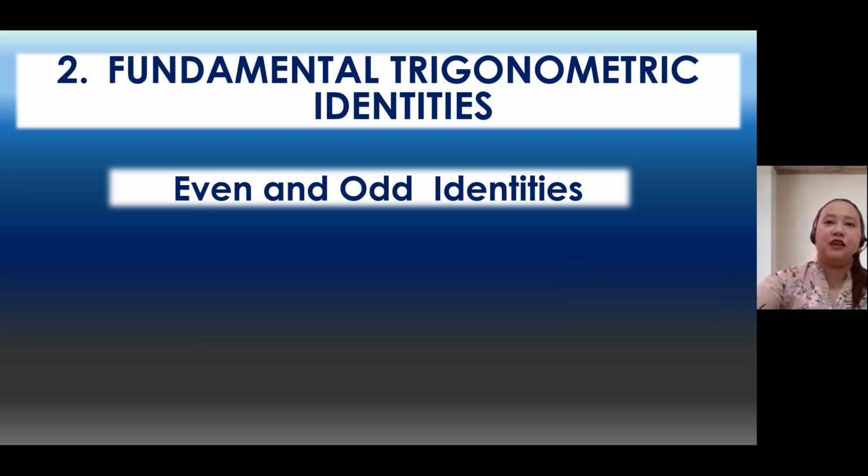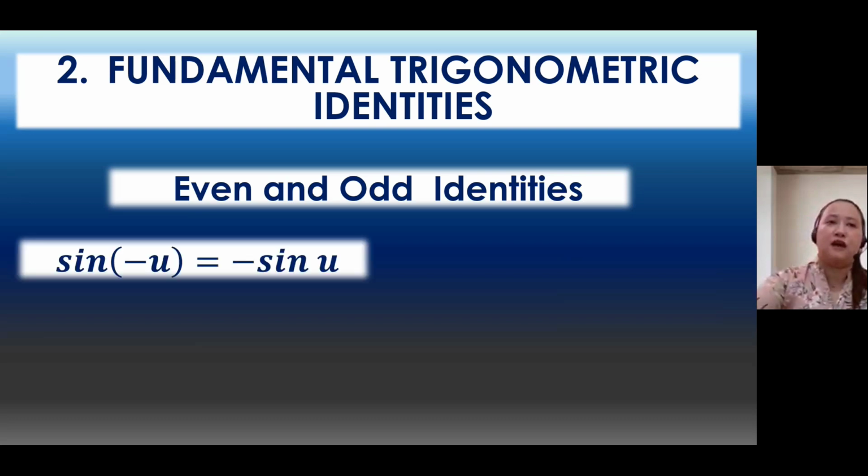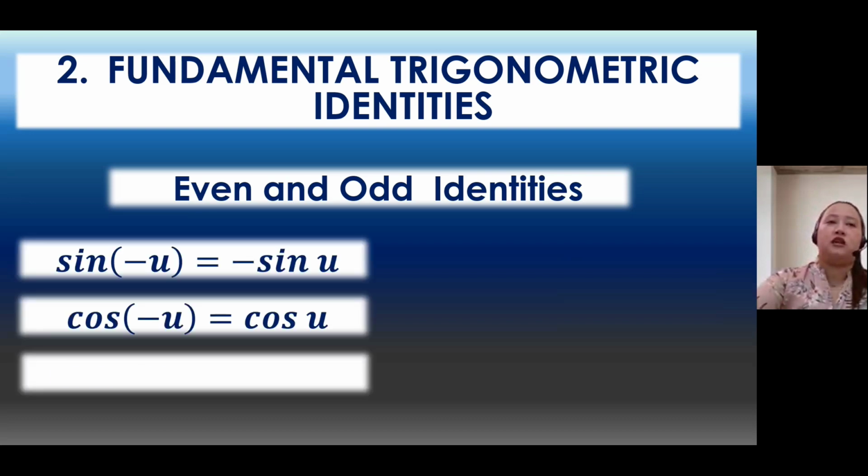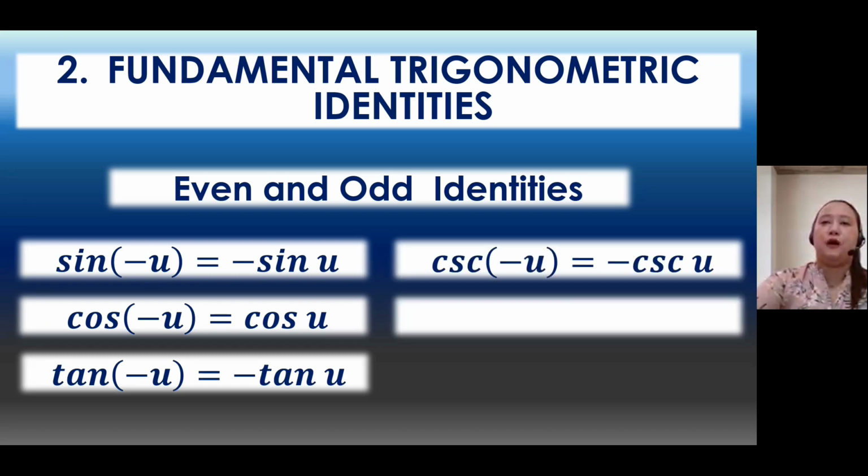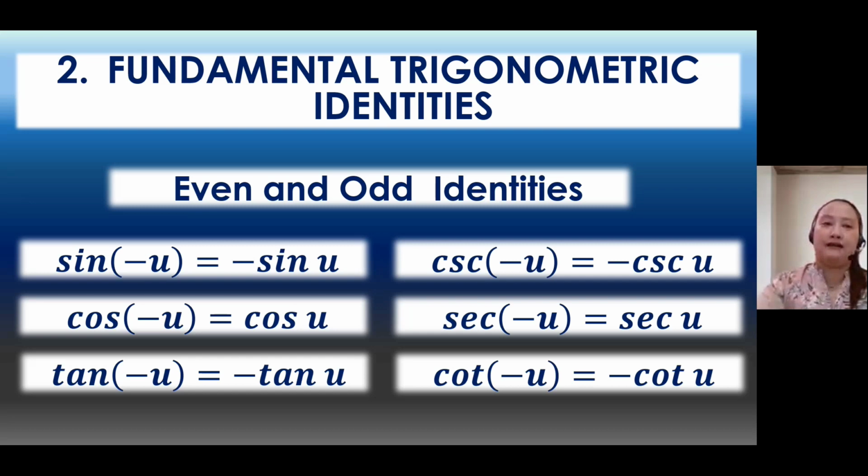Then we have the even and odd identities. So we have here 6. If you try to check all the angles, actually here, we made use of u for the angle.